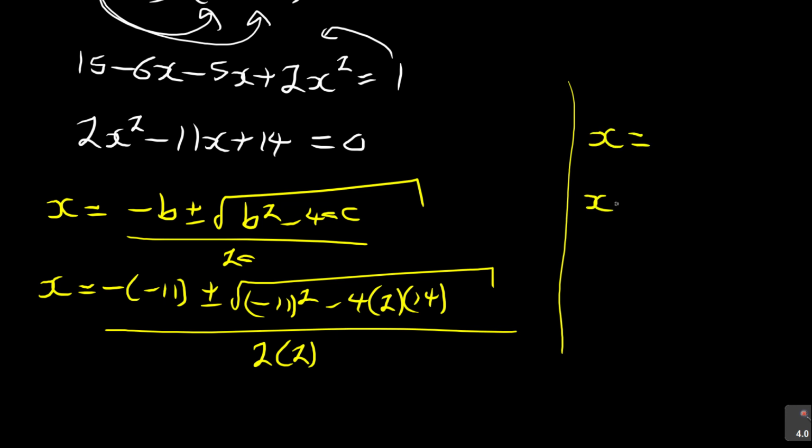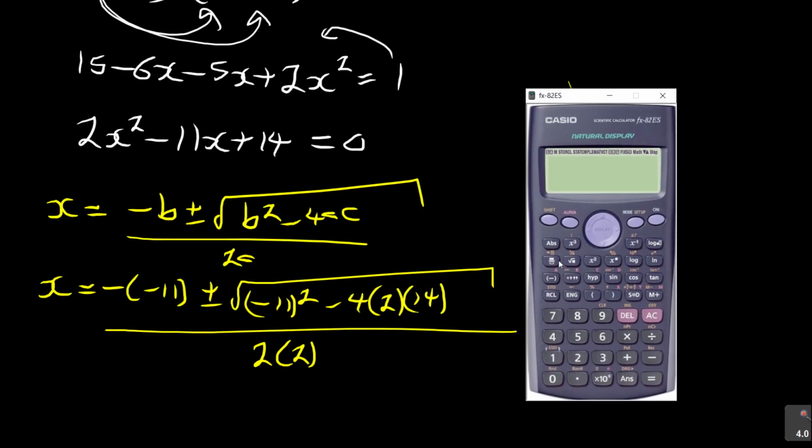x is equal to, I can just quickly rely on my calculator here, negative negative 11 plus the square root of negative 11 squared minus 4 times a, which is 2, and c, which is 14, over 2 times 2, equal to 7 over 2 is the first one.